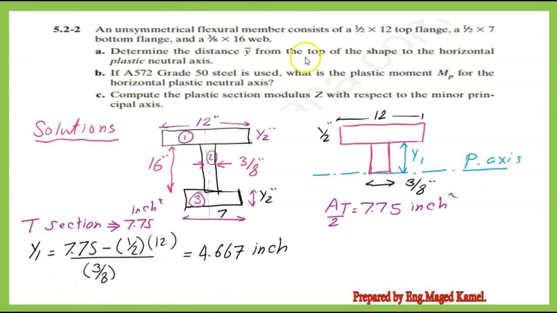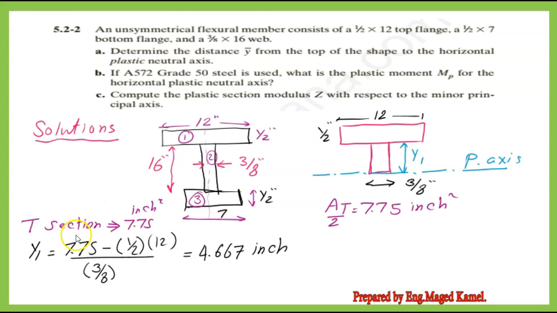In the next slide, since the area of the top flange is less than A total over 2, the plastic neutral axis cannot cross the upper flange, so it will be located below the upper flange by a distance. Let us assume that this distance is y sub 1.